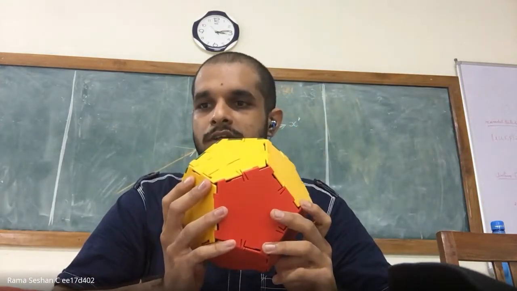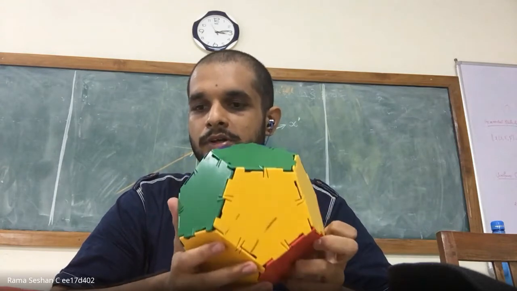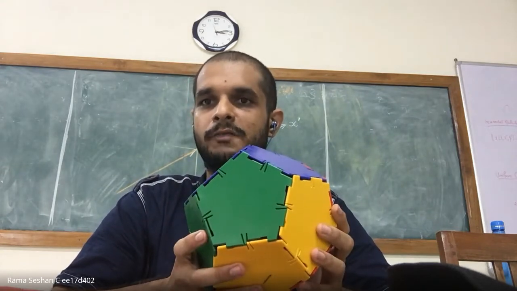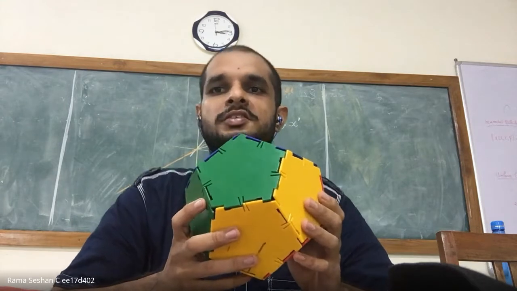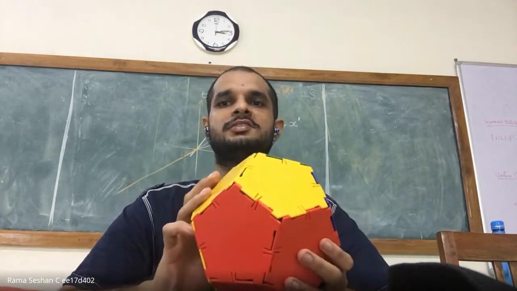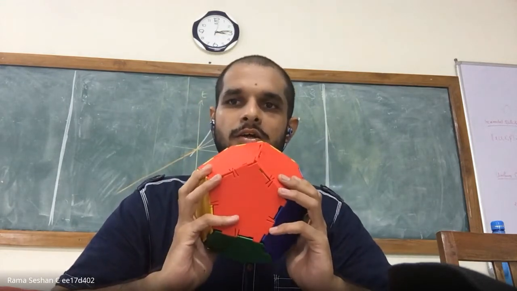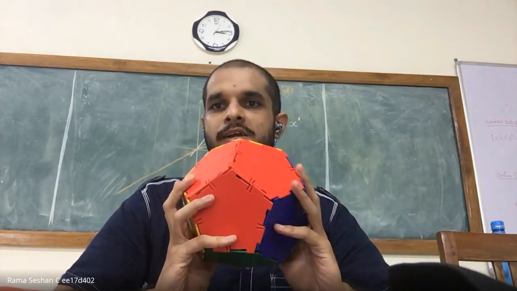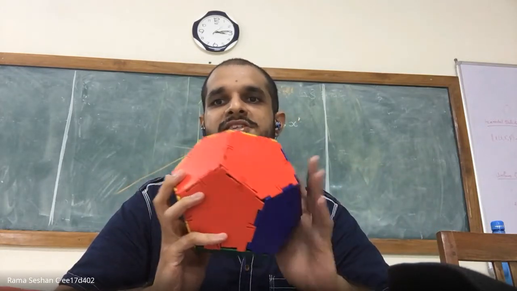Another thing that is very important is that these polyhedra are called convex polyhedra. Convexity is a very geometrical notion. In Greek, all polyhedra are convex by definition, because in Greek, hedra means seat.